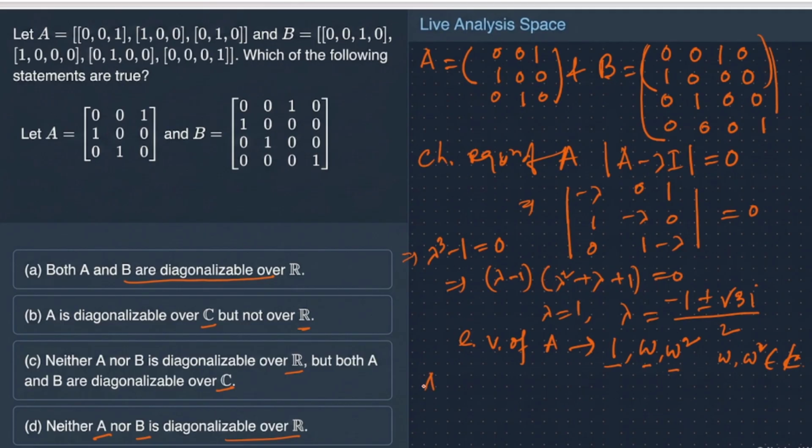Therefore, we can say that A is diagonalizable over C, but not over R. It is diagonalizable over C because we get distinct eigenvalues.